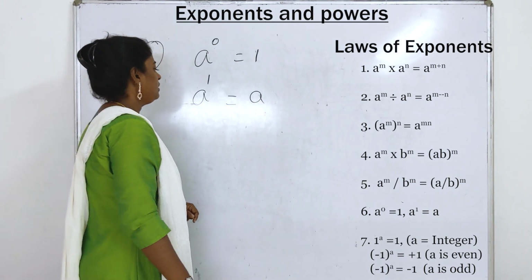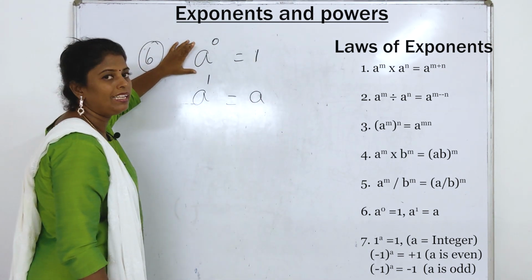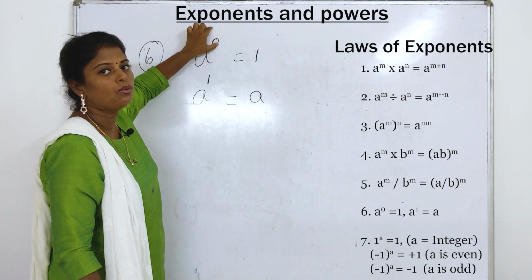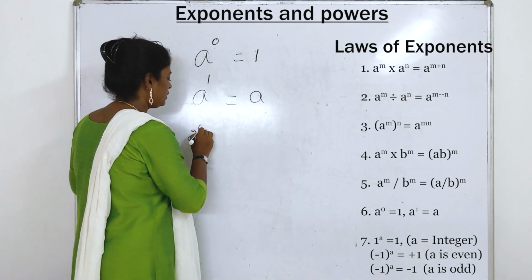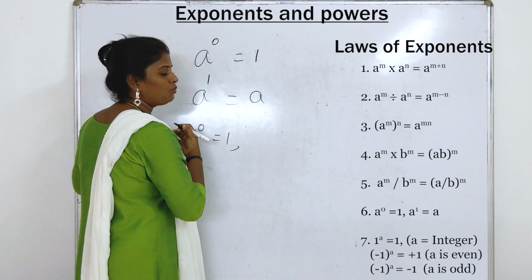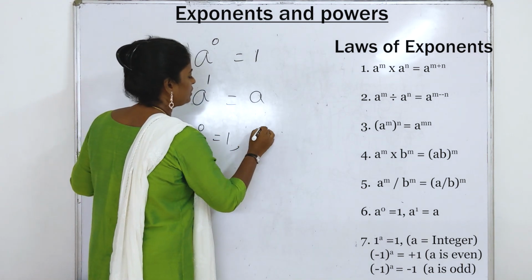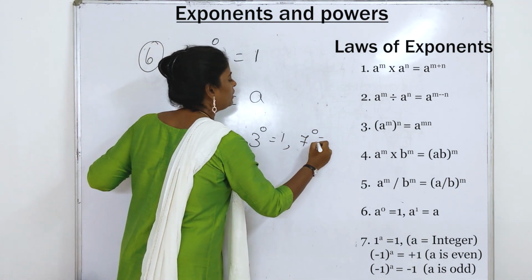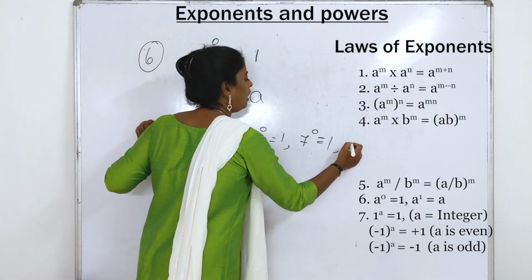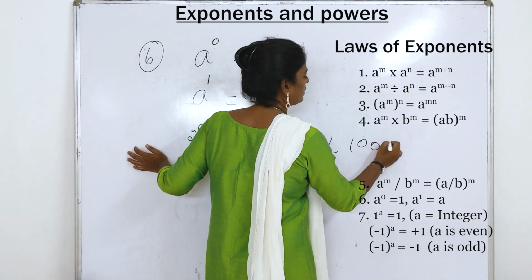For example, I already said, anything power 0 is 1. For example, 2 power 0 is equal to 1. 3 power 0 is equal to 1, because anything power 0 is equal to 1, whether it may be 1,000 or lakhs.